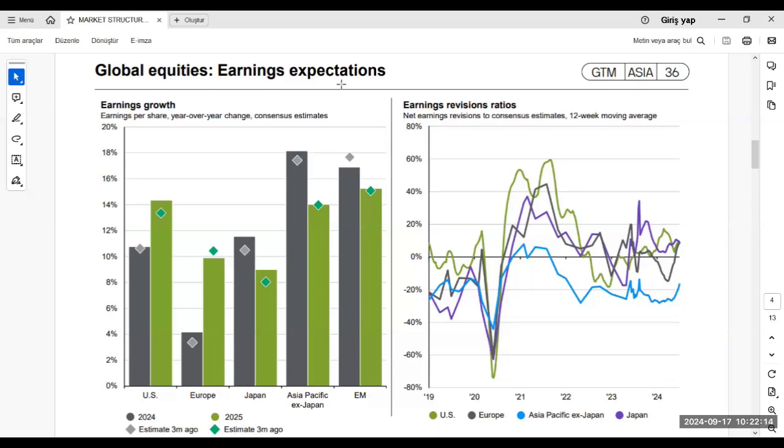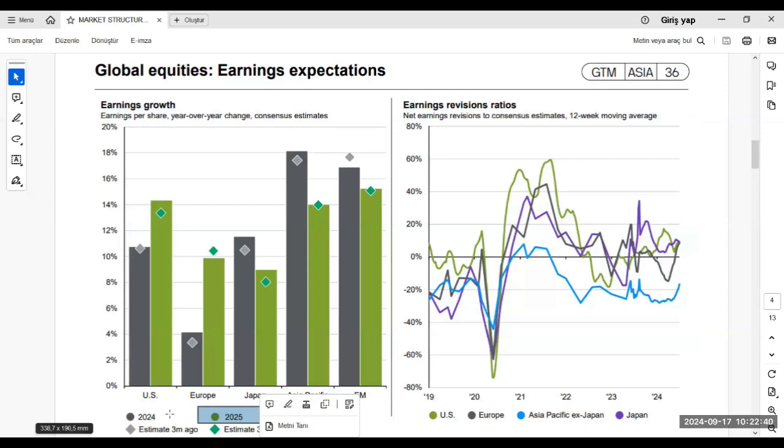So if I am directly saying how the global equities earning expectation is evolving in the United States, again, we have 5 regions. Those are United States, Europe, Japan, Asia Pacific, and the emerging market. And here, as you see, please look at the black and the light green line.